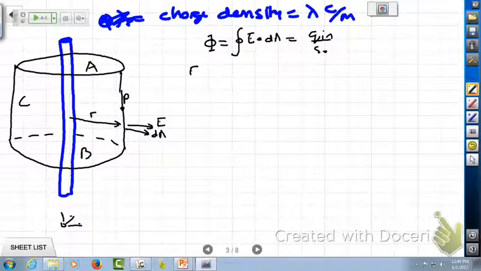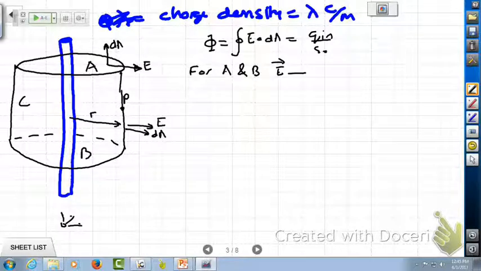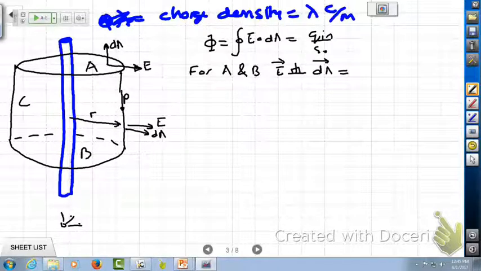So let's look at this. The electric field is going like that, but the area vector is going like that. So for A and B, E is perpendicular to dA, which gives us that the cosine of the angle between them equals 0.